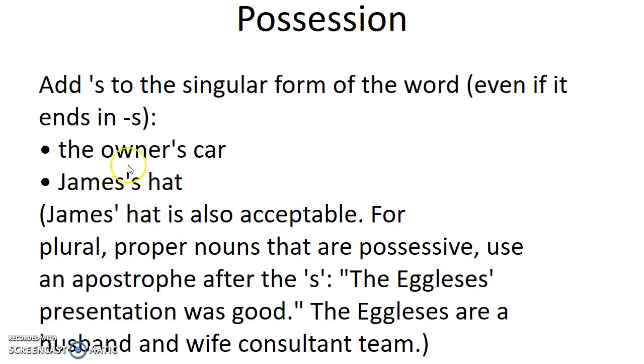But typically I usually keep the apostrophe S, but if you have already learned to drop it, then that's fine. The Eggleses' presentation was good. If the Eggleses are a husband and wife consultants team and you've already pluralized it, you don't want to go "the Eggleses's."